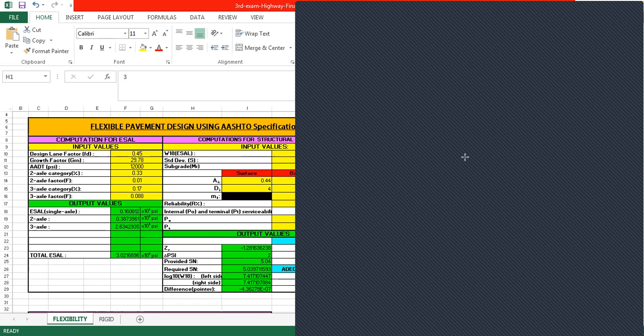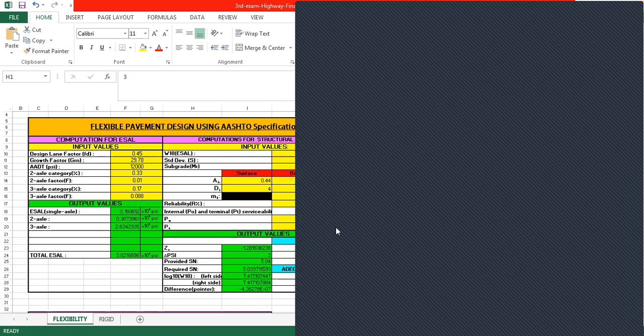The AADT, which is the 12,000. The two axle category in percent, 33% or 0.33. The three axle factor, which is the 17% or 0.17, and the three axle ESAL factor, which is the 0.088.